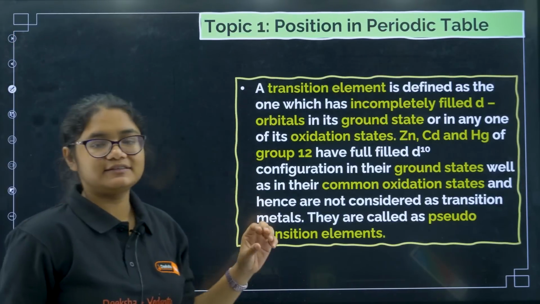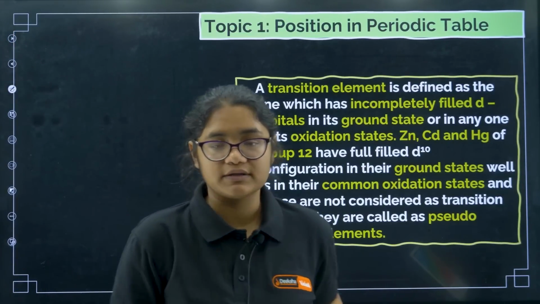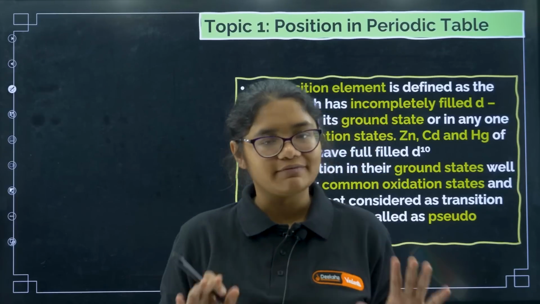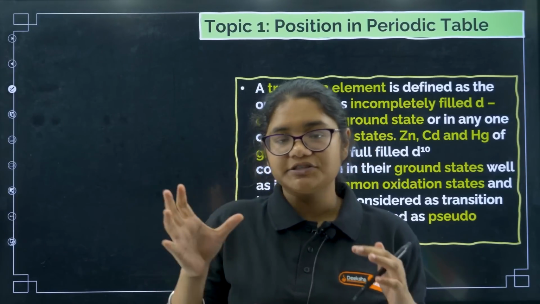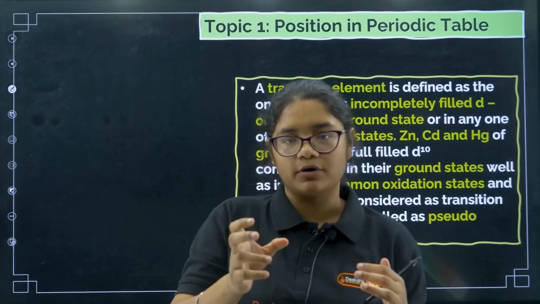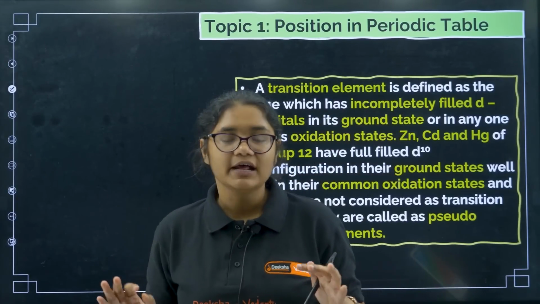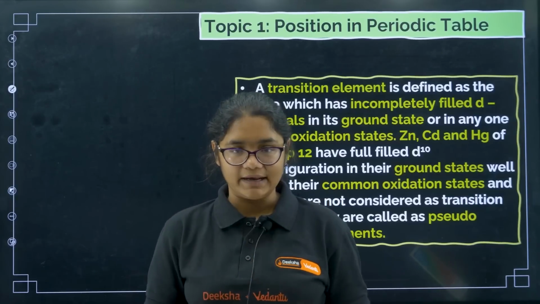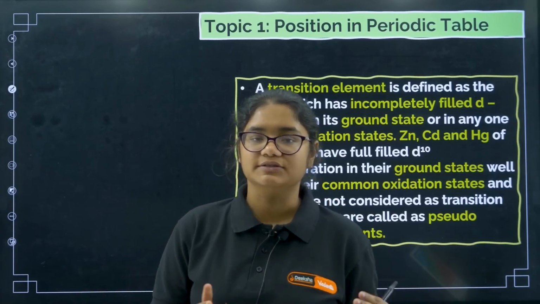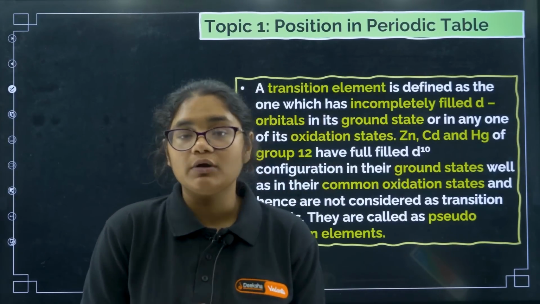So what exactly is a transition metal? If you understand the definition, it is very simple: the transition element should have its d orbital partially filled. The d orbital can hold 10 electrons, right? So if it is not holding 10 electrons, then it is a part of the transition elements.